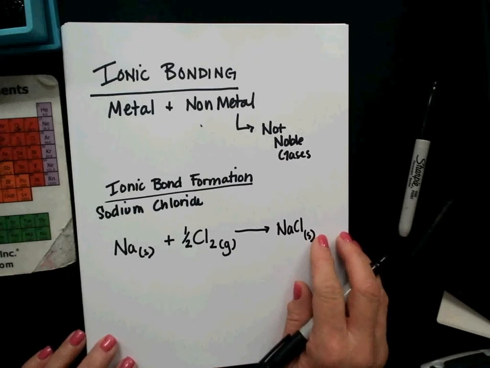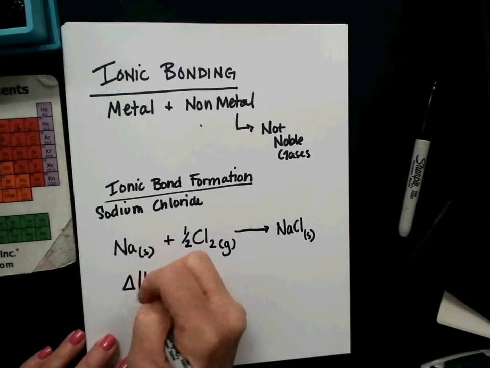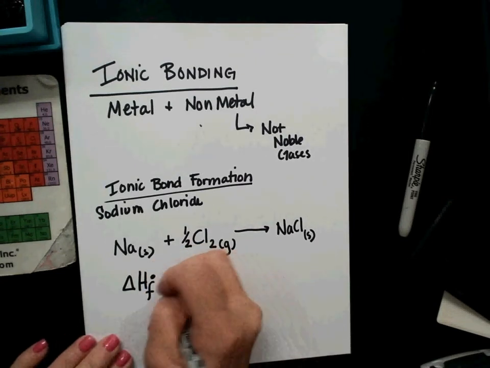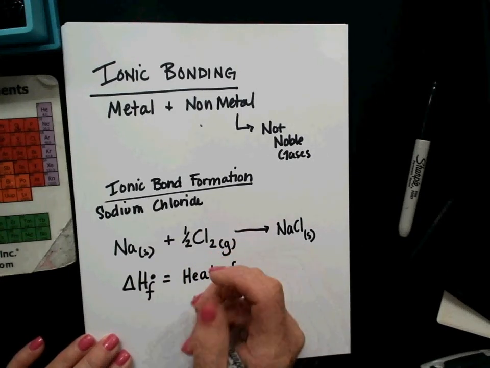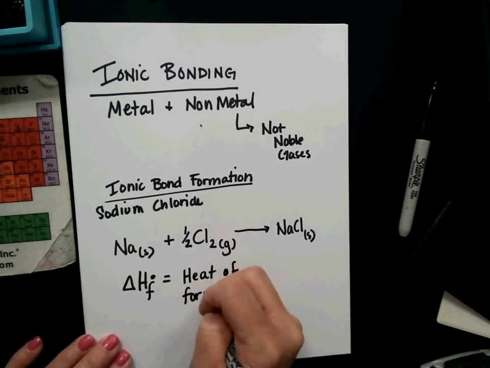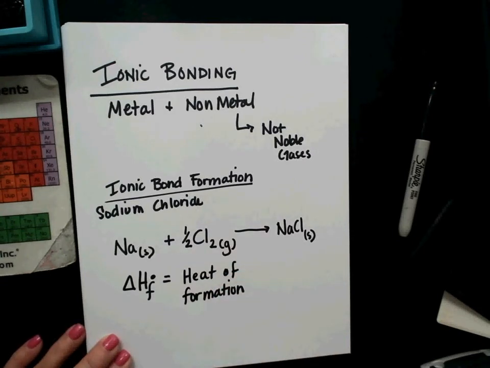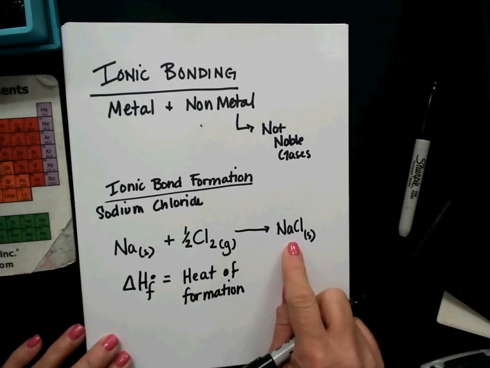The other thing that you'll see most of the time with these is delta H. It's like that, and that stands for heat of formation. Now remember, when these guys hook up, they're happier because they have full outer shells.